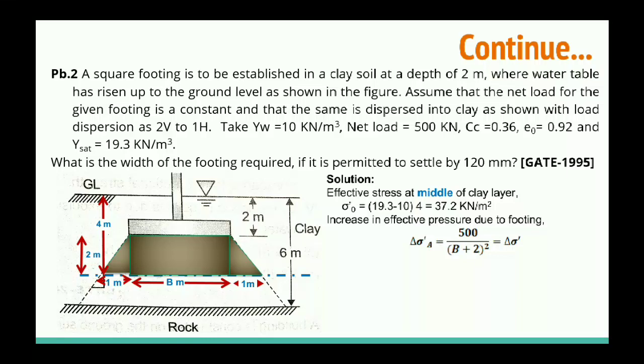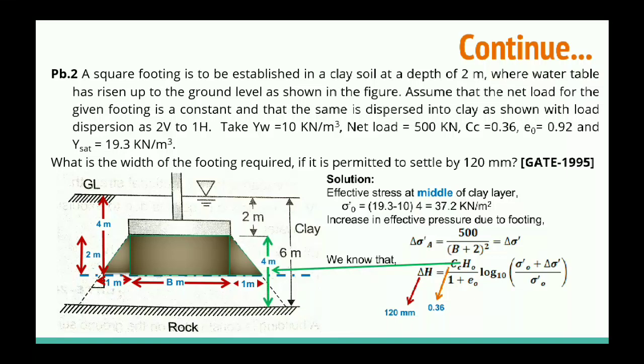By using this relation we can get delta sigma dash. In this relation you can see we have the capital B, the width of the footing, which is unknown. But we can write the settlement equation, and we have all these values: delta S is given as 120 mm, we have Cc value 0.36, and we have H naught, the initial height of the clay layer.